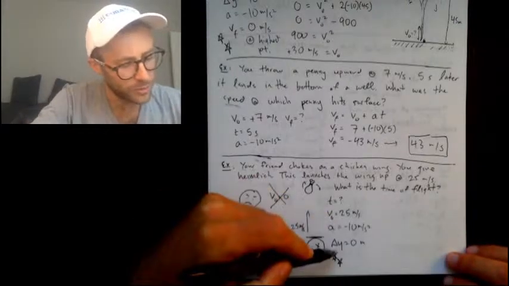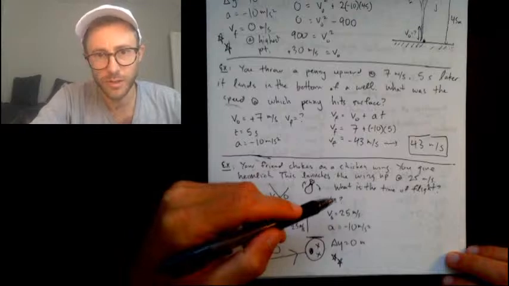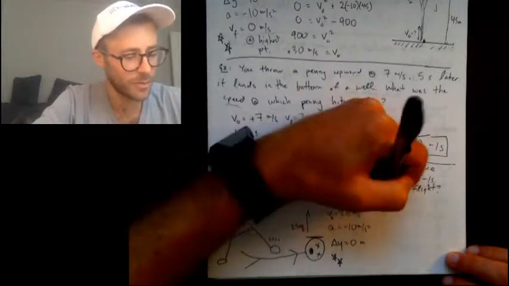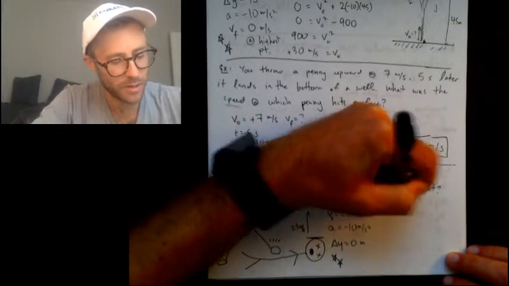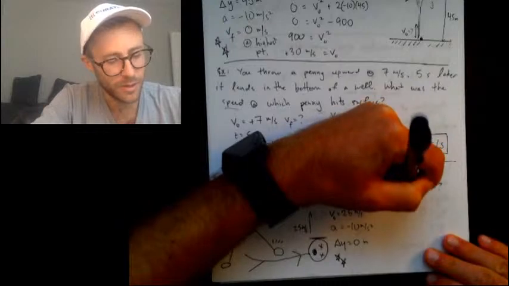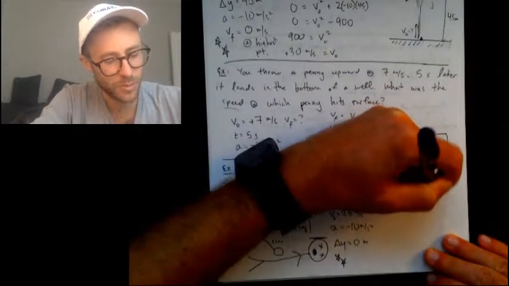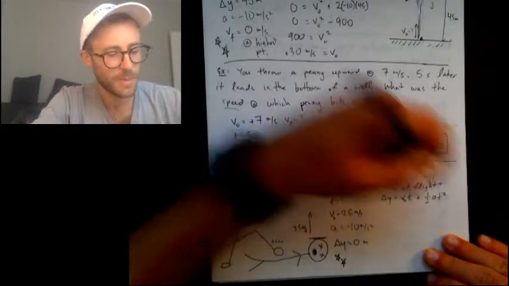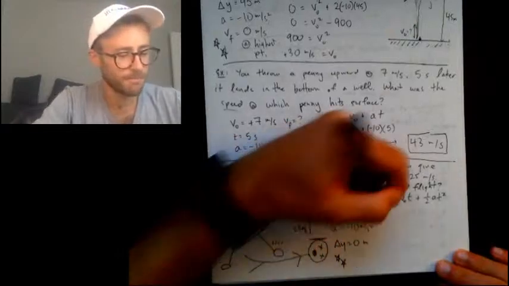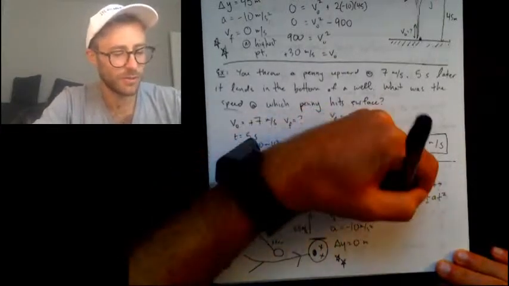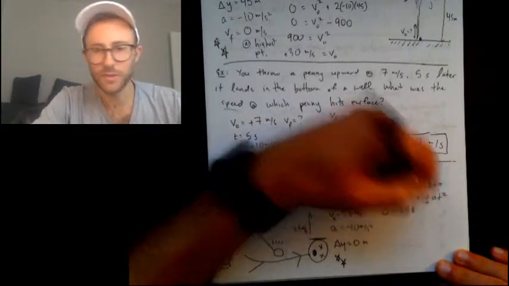So once we use that delta y equals 0, we can then see that it's the first kinematics equation. Delta y equals v naught times time plus 1/2 a t squared. Delta y is 0. V initial is 25. I leave time as a variable.